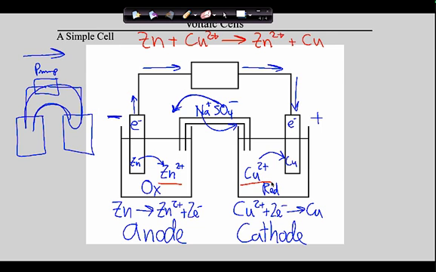Okay, so we have a Kc ratio, which is the concentration of zinc divided by the concentration of copper, and this is Kc, right? Because these things are solids, they don't show up in the equilibrium. So this is a ratio, and what's happening to the value of that ratio? Well, this is going up and this is going down, so the value of this ratio is ever increasing, right?